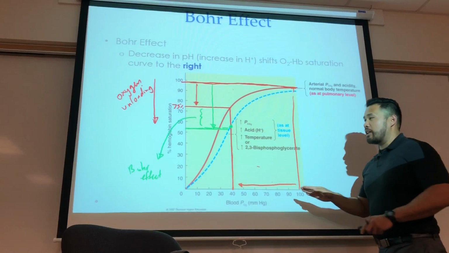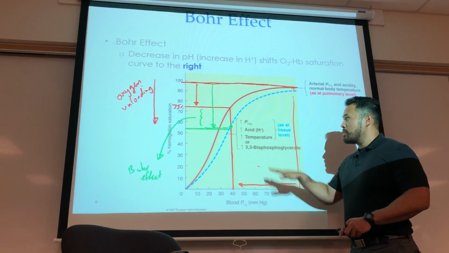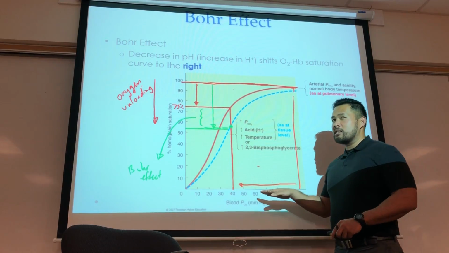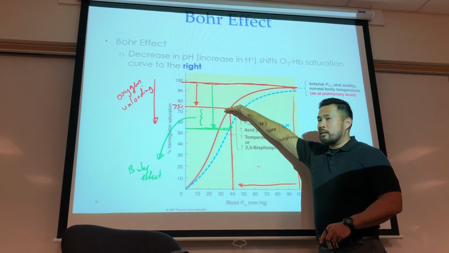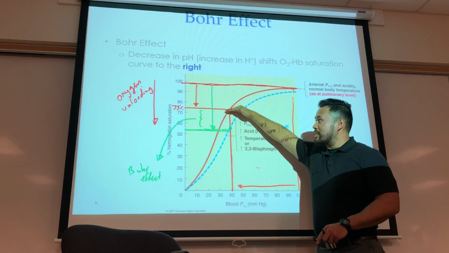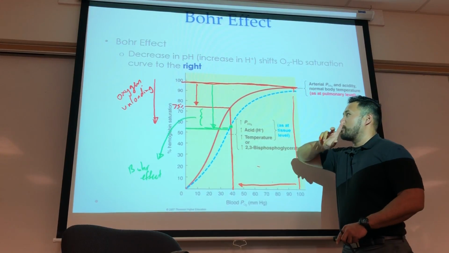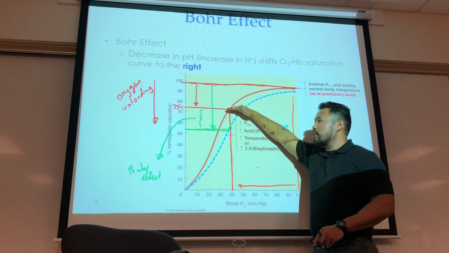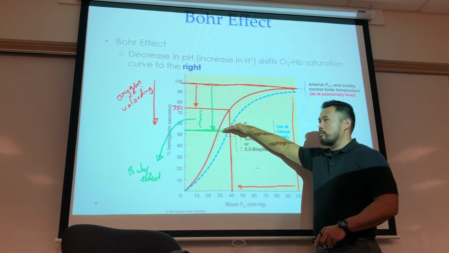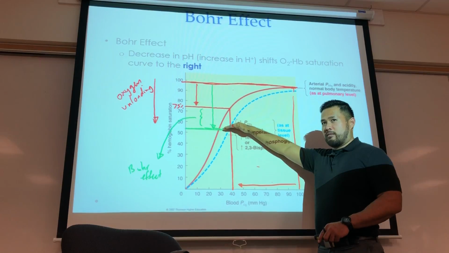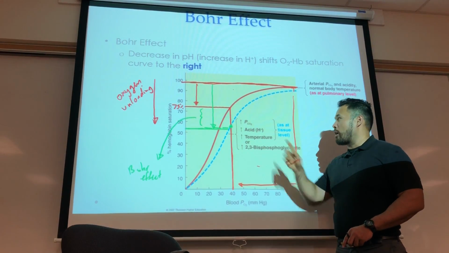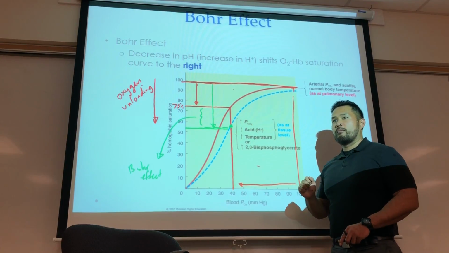With a decrease in pH, or an increase in CO2, hemoglobin is more likely to release more oxygen in response to an acidic environment or in response to a more hypercapnic environment, more CO2.